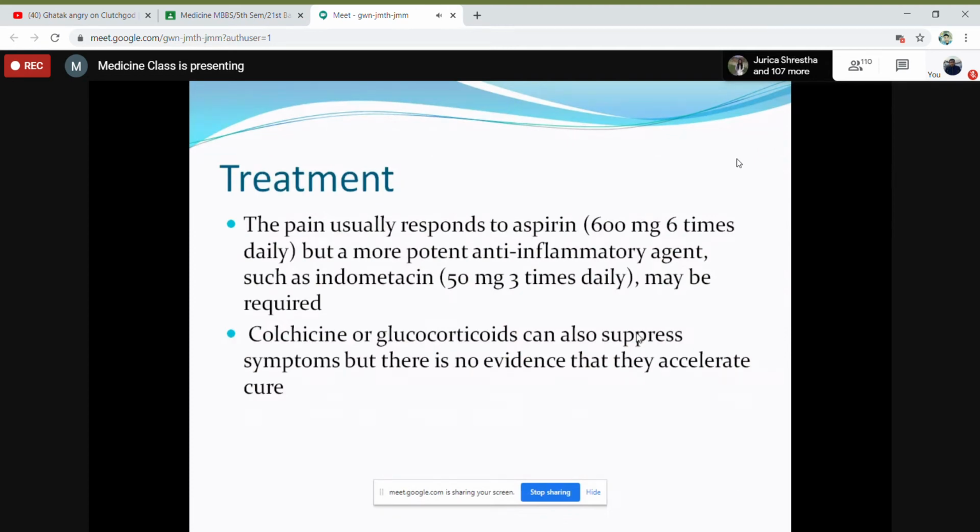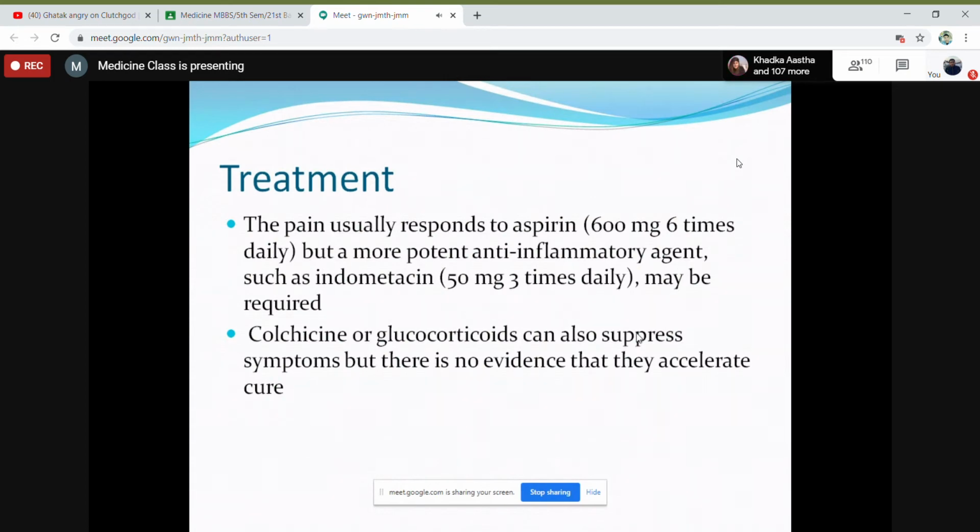So what do we do for treatment? Generally, there is no specific treatment for acute idiopathic pericarditis, but there is often a role for aspirin. The pain usually responds to aspirin 600 mg 6 times daily.